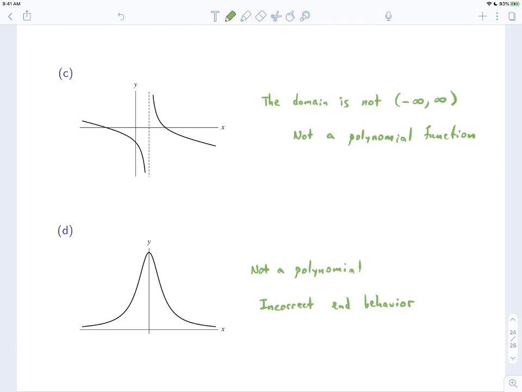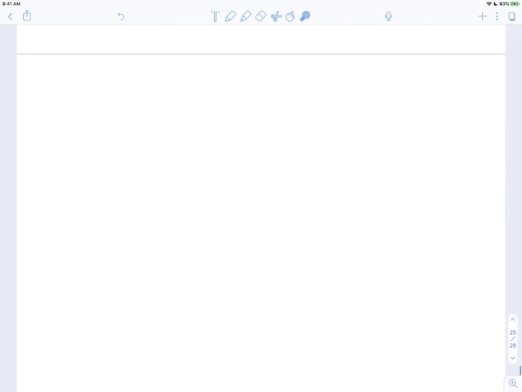This one looks like it's going to 0. This one seems to have a horizontal asymptote at y equals 0. So neither of these two can be polynomials. And that seems to be our last example.